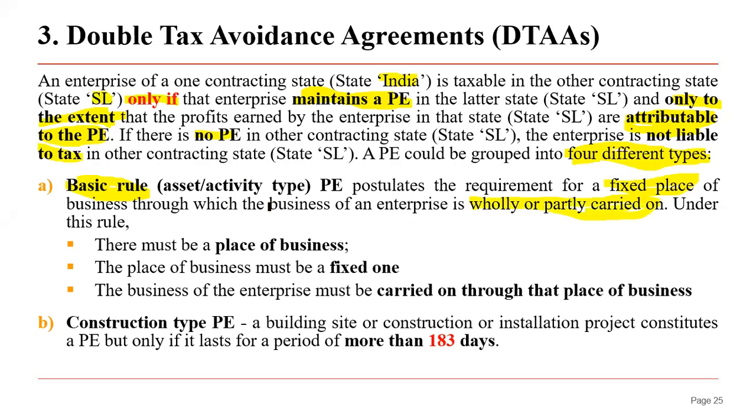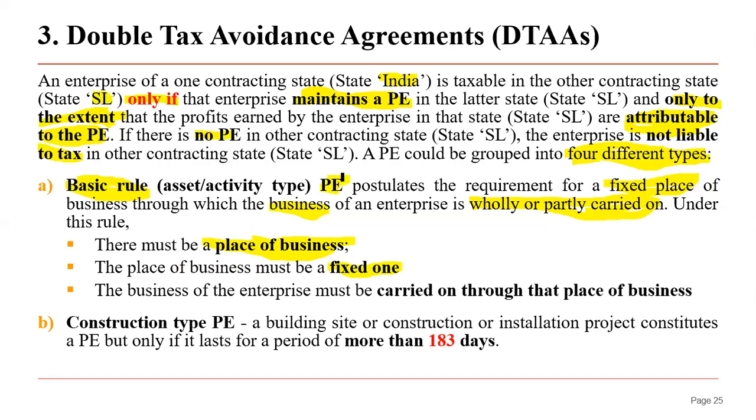Under this rule, there must be a place of business, and the place of business must be a fixed one. This is the basic principle under PE, right?